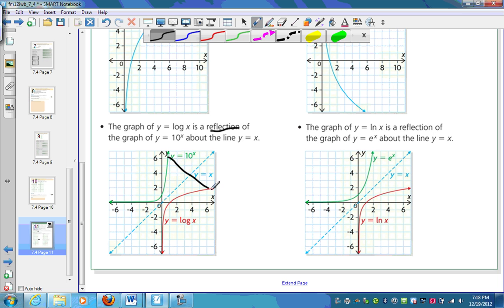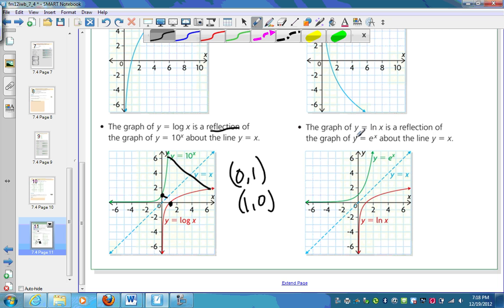So this point's reflected there, reflected there. Each of those points is reflected. Let's say this point right here is 0, 1. We exchange the x and the y, and then on the reflection, the inverse, or log of x, the point is 1, 0.